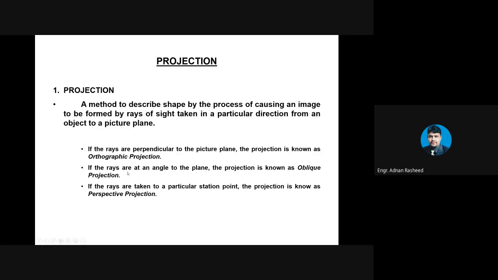If the rays are at an angle to the plane, the projection is known as oblique projection. And if the rays are taken to a particular station point, the projection is known as perspective projection.